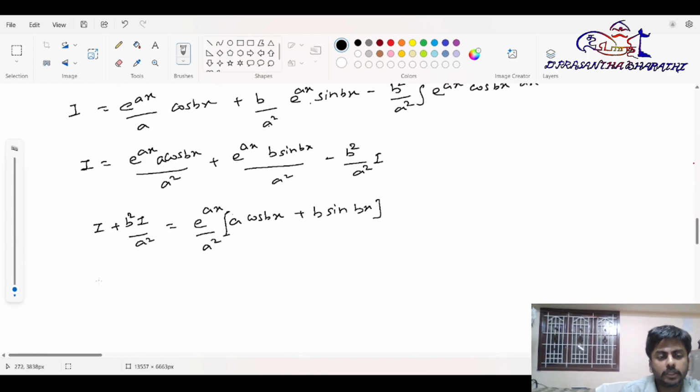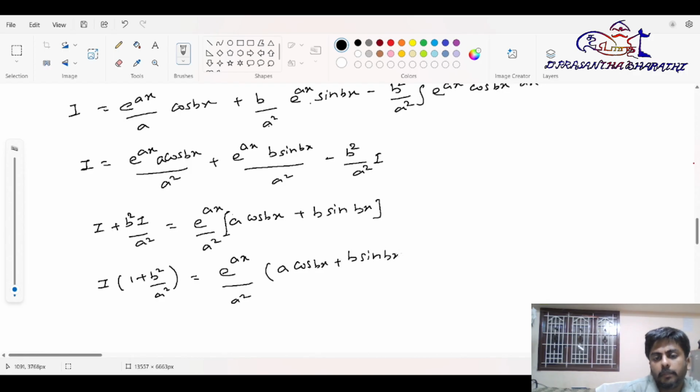So now in this you can take I as common. If I take I as common it is 1 plus b square by a square, that is equal to e power ax by a square into a cos bx plus b sin bx.